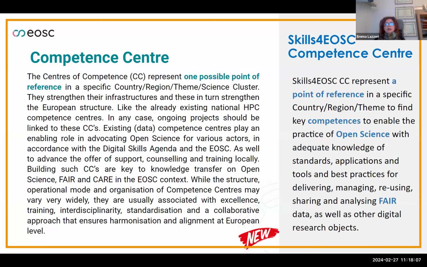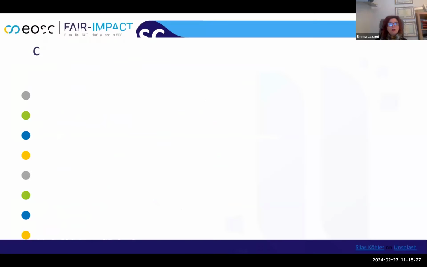Of course, this is well aligned with the SRIA one. Our definition was based on an extensive landscape and mapping exercise that we did at the beginning of the project.